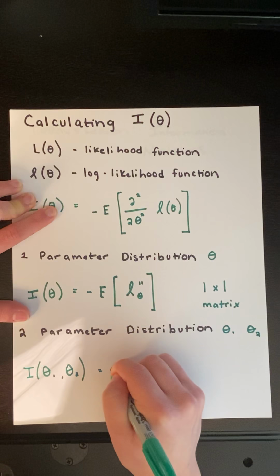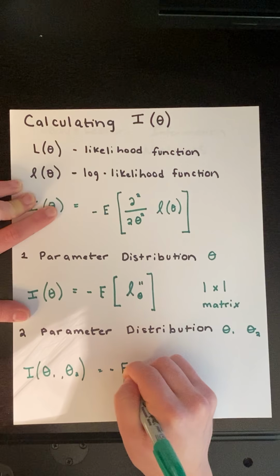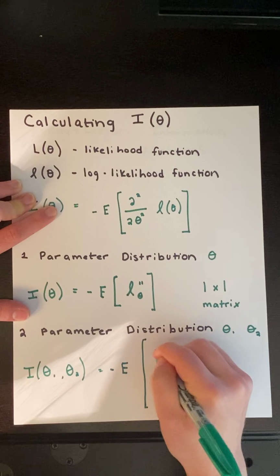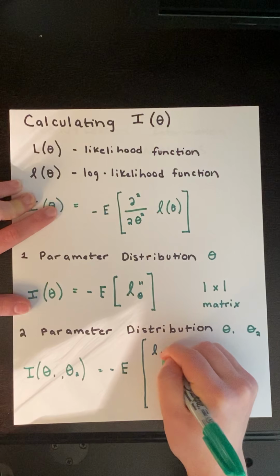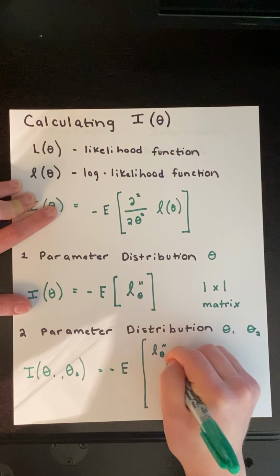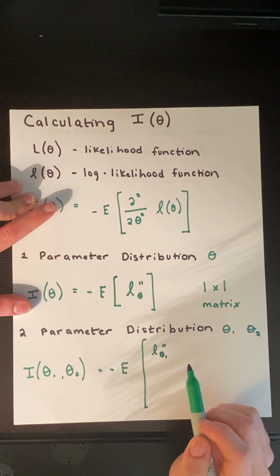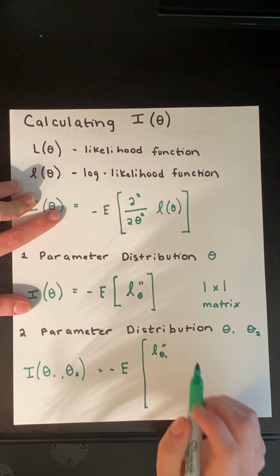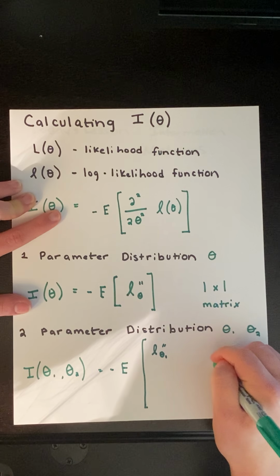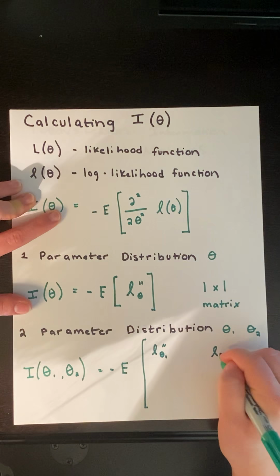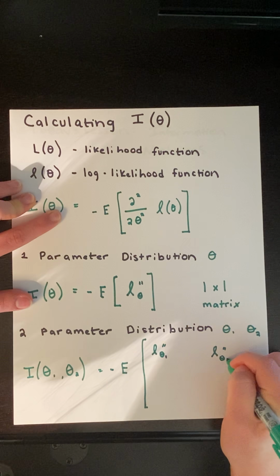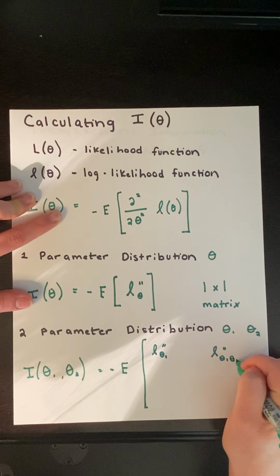And that would be set up by the negative expectation of l double prime of theta 1. So that's the second derivative of the log likelihood function with respect to theta 1. And l double prime theta 1 theta 2.